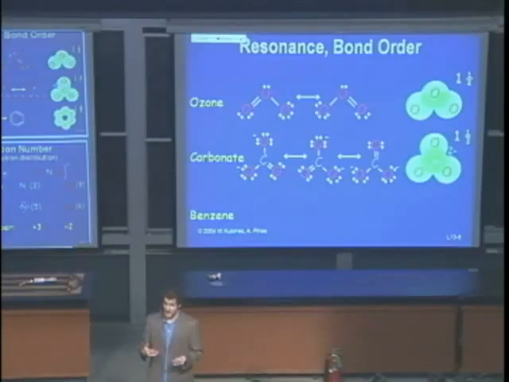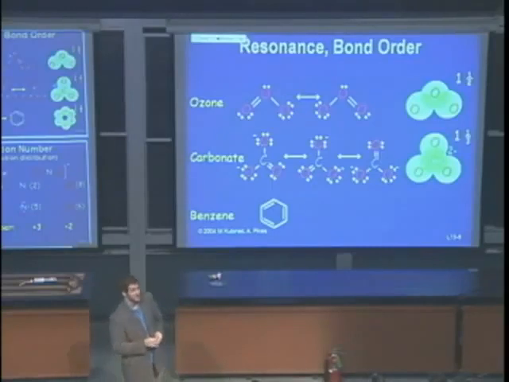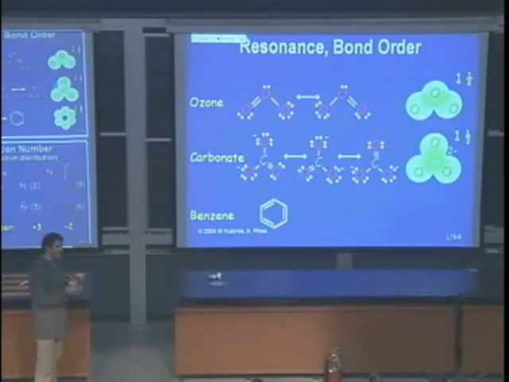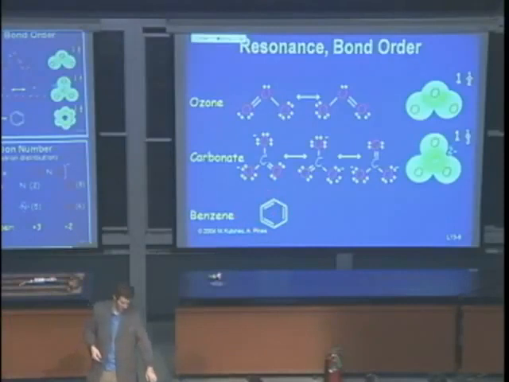We can also have the case of benzene. And if you move on to 3A and 3B, you will come to know benzene well. What we have in benzene is a ring. These are carbons. We have 6 carbons in this hexagon. We have 3 double bonds and 3 single bonds, and they alternate double, single, double, single. But I can draw it this way, or I can draw it that way.